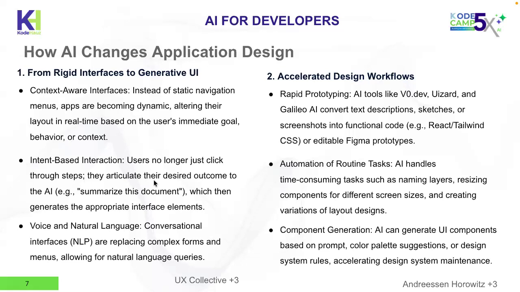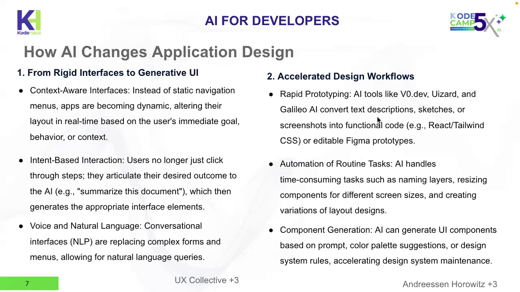Okay. So this is the first change. The interfaces change from just rigid interface to generative UI, and then we can have conversational interactions. The second is, of course, for designers, you now have accelerated design workflows, like we've said already. Rapid prototyping. So I would want designers to go look at some of these tools. The v0.dev, right? UIZARD, and Galileo AI.